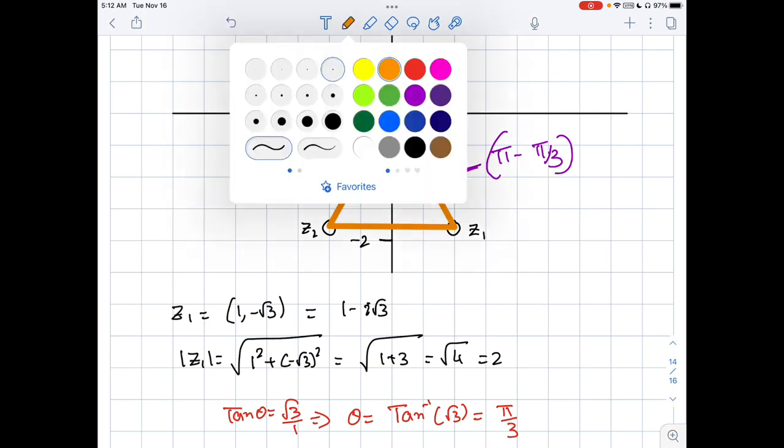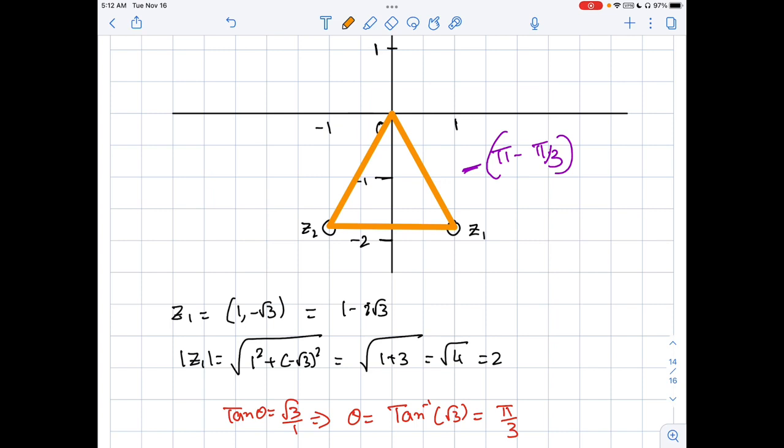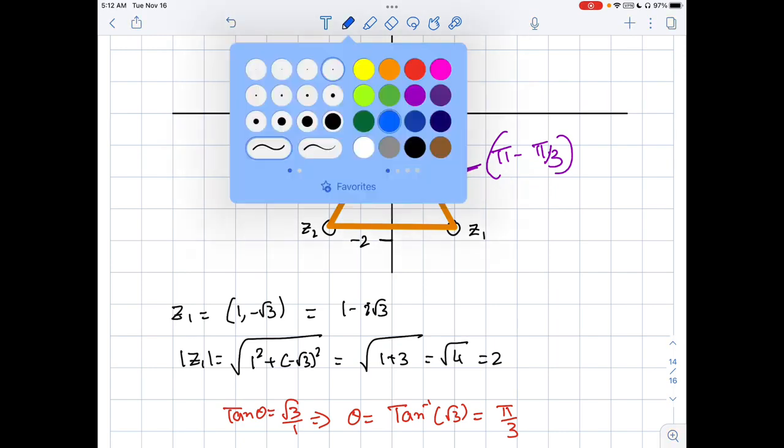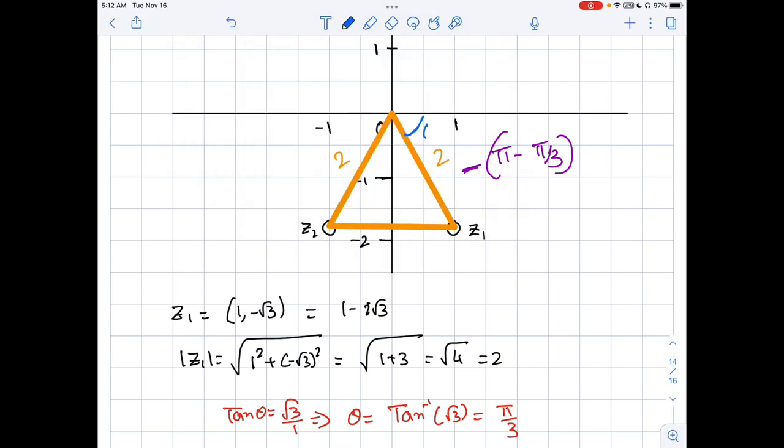the modulus of z1 was 2, and the modulus of z2 was also 2, and we know that this angle is 60 degrees and this angle is 60 degrees. We know that the total is 180 degrees, so the remaining angle has to be 60 degrees. So one of the angles is 60 degrees and two sides are 2.